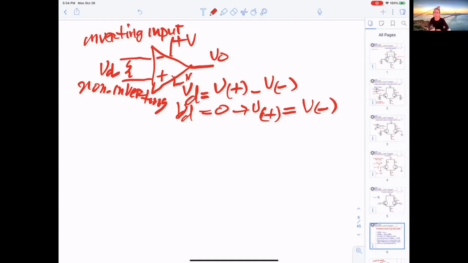That tells you one thing: the output of the op amp cannot be higher than the power supply.